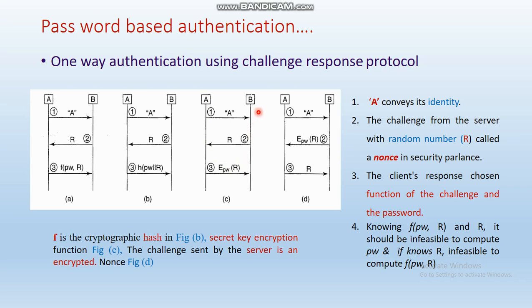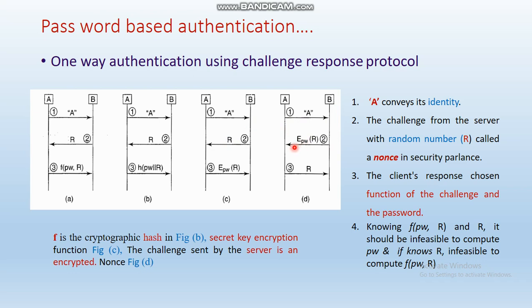In the fourth figure, A communicates with B using her identity, and B in response sends back the R value. R is already chosen by B itself, but B is not going to send it directly. It encrypts the R value using the password contained on the server side, and sends it.